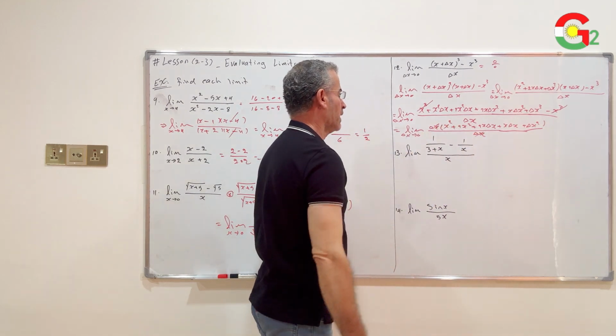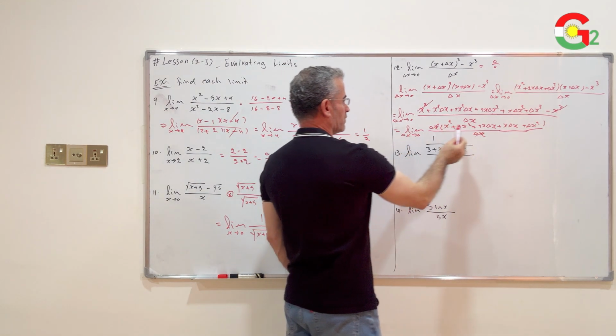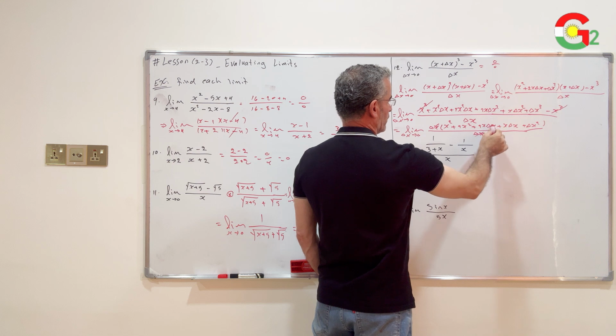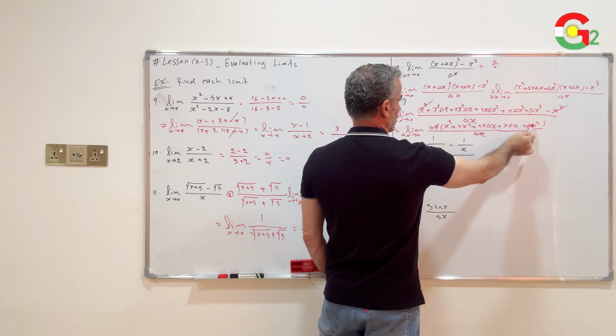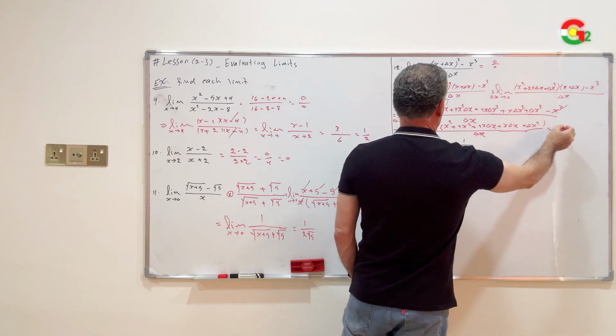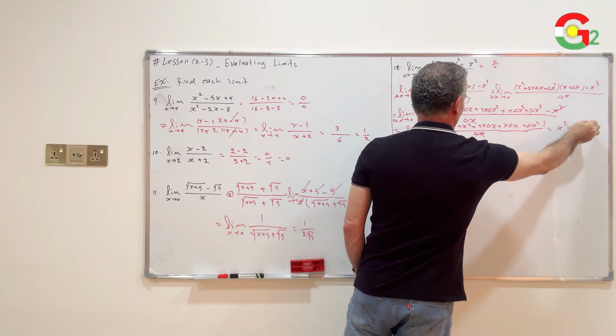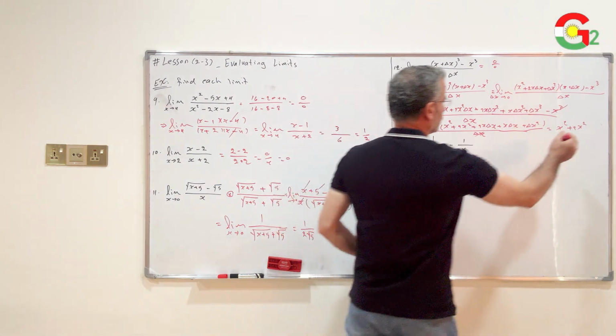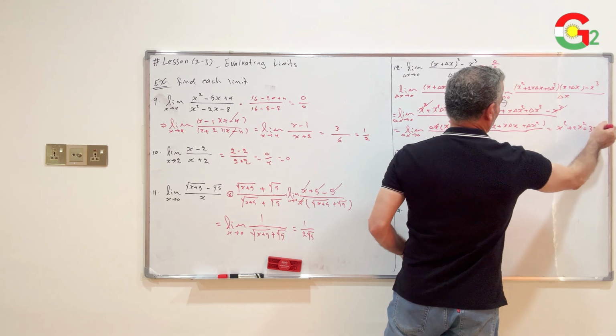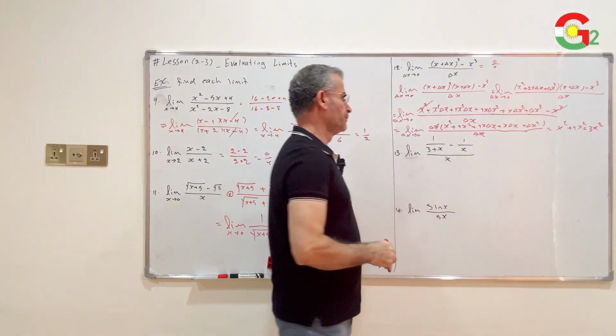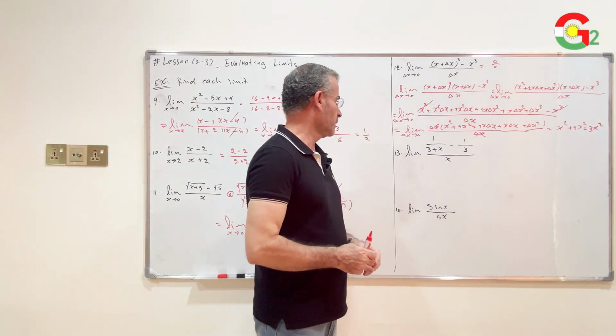Cancel delta x with delta x, and substitute every delta x with 0. This term will be 0, this will be 0, this will be 0. The answer is x power 2 plus 2x power 2, equal to 3x power 2.